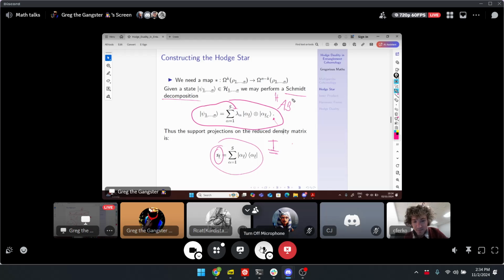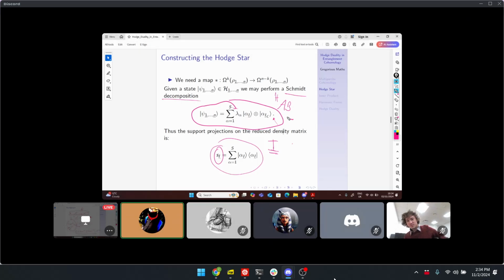Okay, yeah, that makes sense. So you think of it as a bipartite system. Okay, so a Schmidt decomposition is a way of decomposing a bipartite system into the following form. But obviously, because we're dealing with n-partite states, how is that going to work?